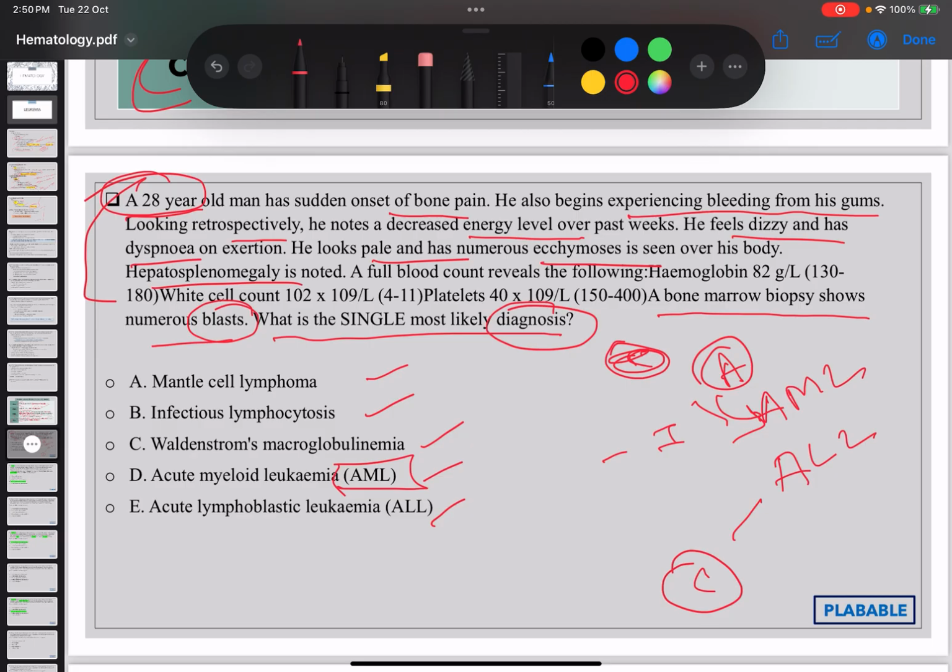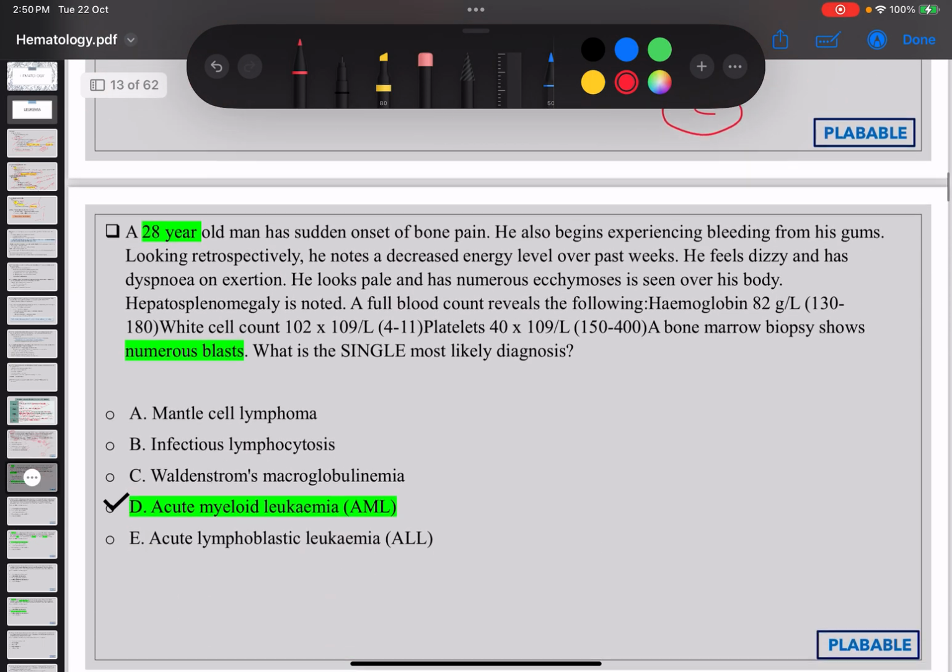Hepatosplenomegaly is noted, hemoglobin is low, WBC is high, platelets are low. Lots of information is given, but you don't need to see all of it. Blast cells are given, age group is given, so the diagnosis is AML.